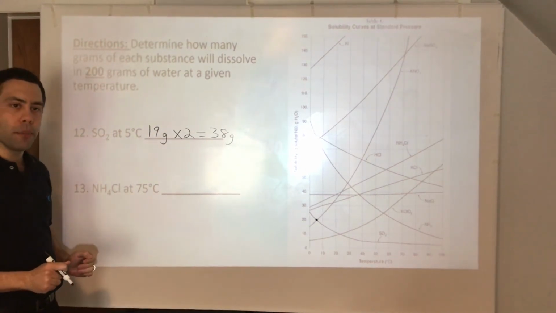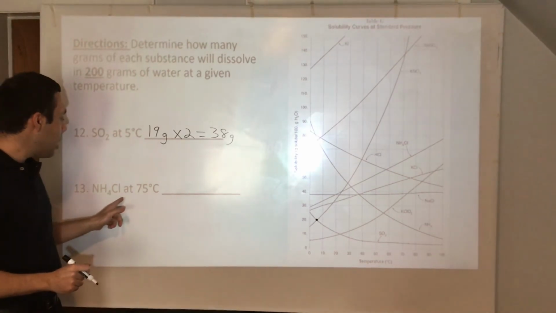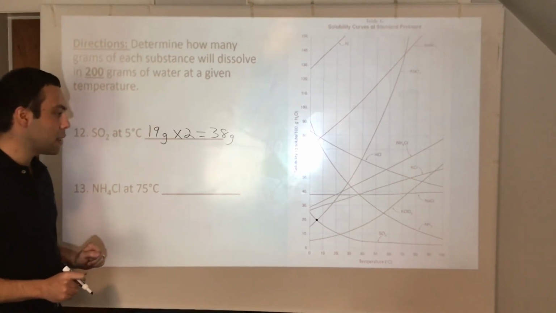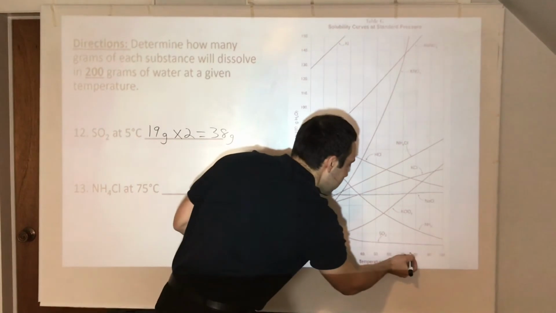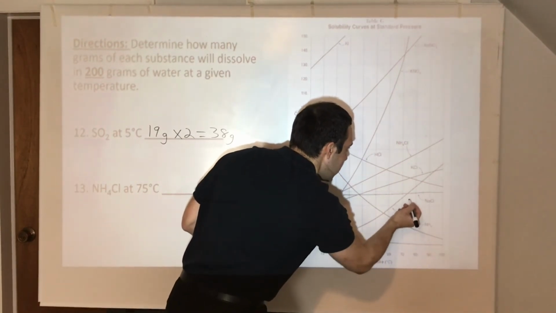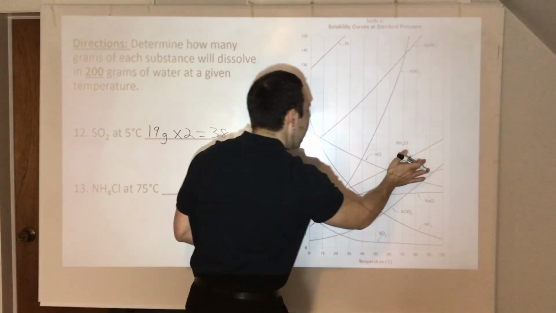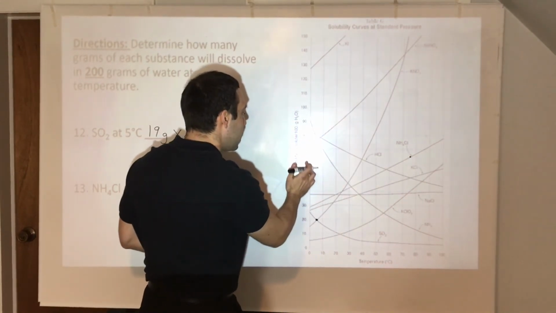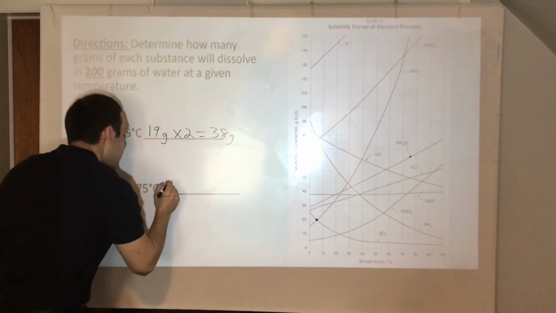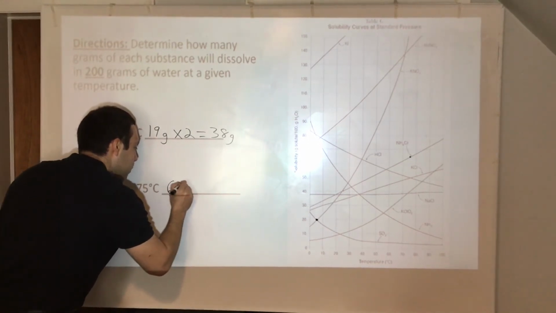Let's try one more. NH4Cl at 75 degrees Celsius. So let's go to 75 degrees Celsius, go to NH4Cl, which is right here. Let's say halfway in between 60 and 70, so let's say 65 grams.